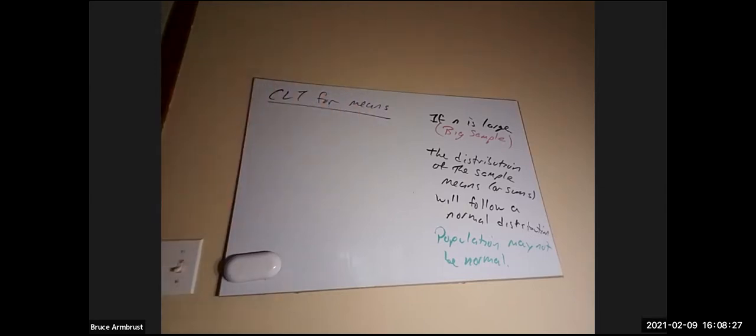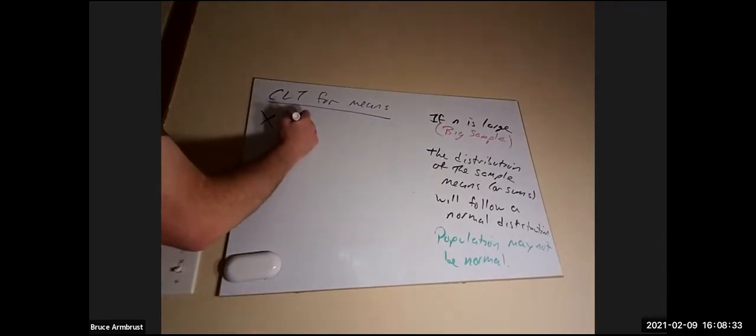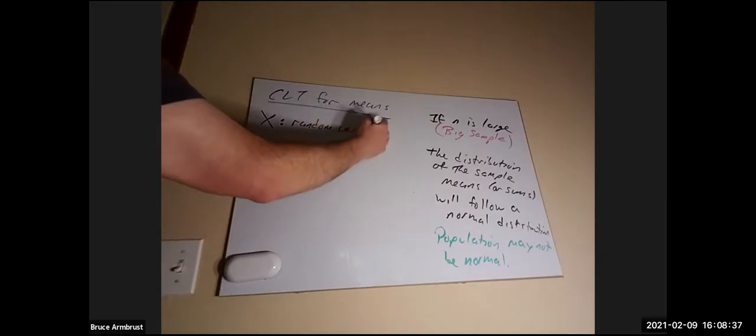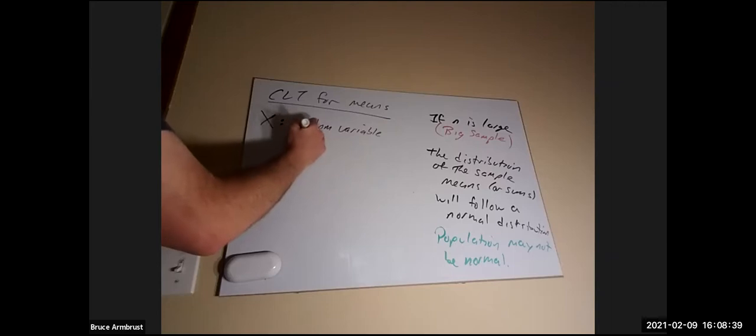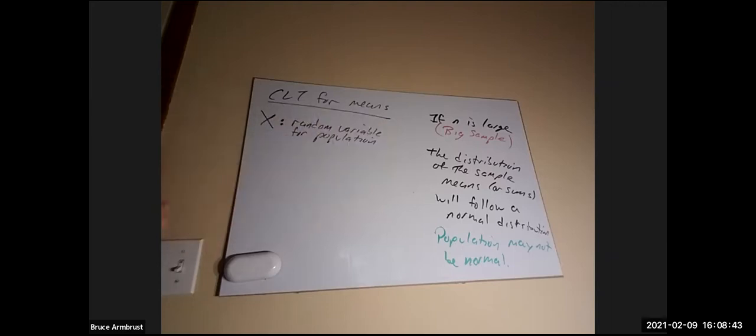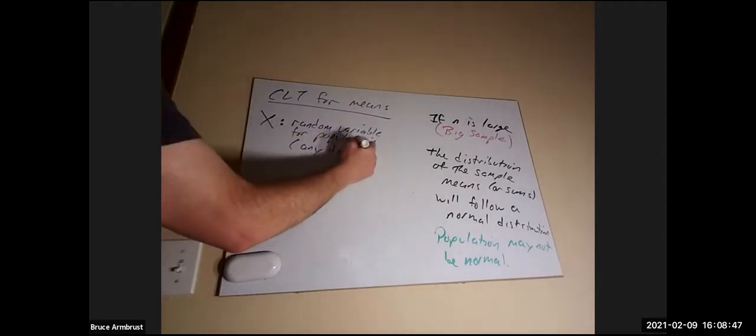First of all, just for some notation. X was the random variable for the population, and again, I'm going to put in parentheses, any distribution, doesn't matter.